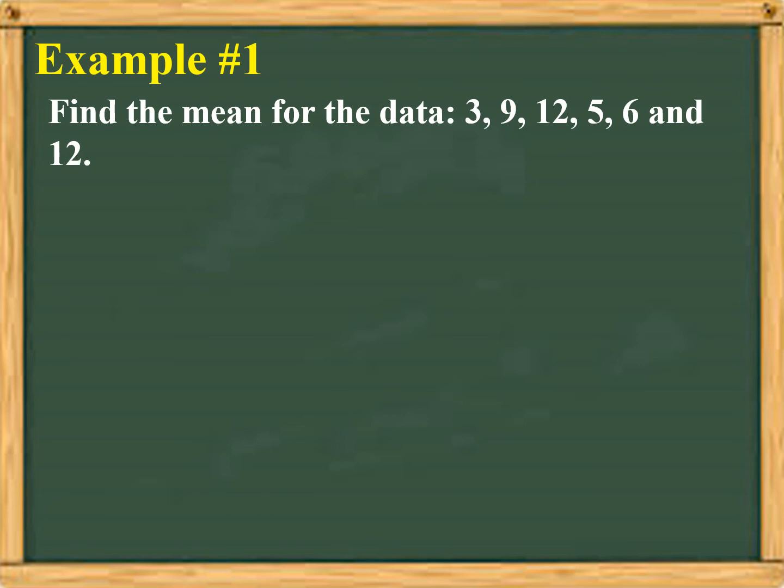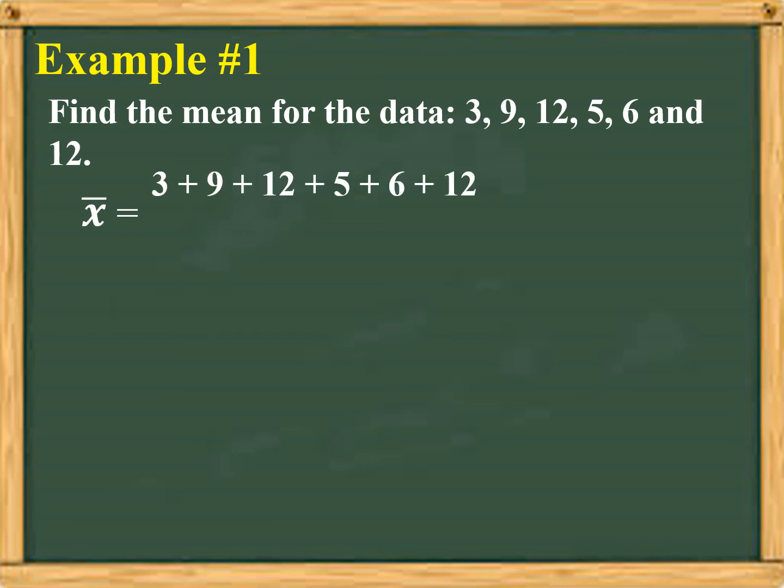So, now let's have examples. In example number 1, we have: find the mean for the data 3, 9, 12, 5, 6, and 12. For us to find the mean, we're going to add the data and then divide by how many data we have in our example. So, let's have mean.